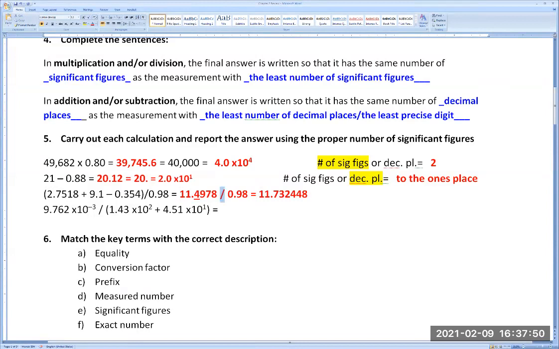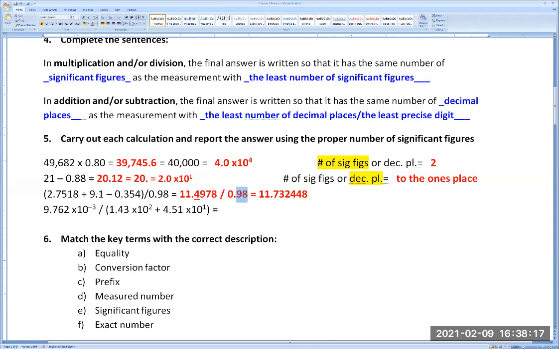So now we have a different rule because we are dividing. It's the least number of significant figures that matter. And here, if we were to round at 0.4 or 0.5 here, 11.5, we would have 3 sig figs. In the second number, we have 2 sig figs only because the 0 is not significant.